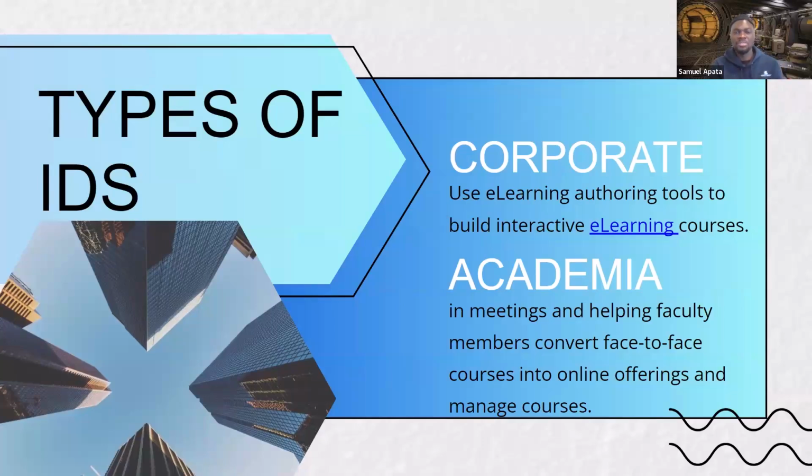So think of a website where courses are hosted. An LMS is a piece of software purchased by a company where they host all of their e-learning courses. So it deals specifically with e-learning.